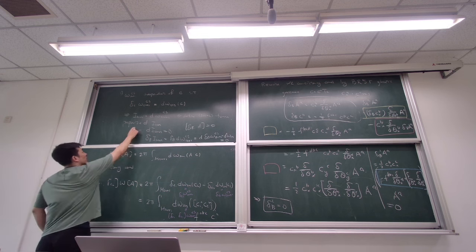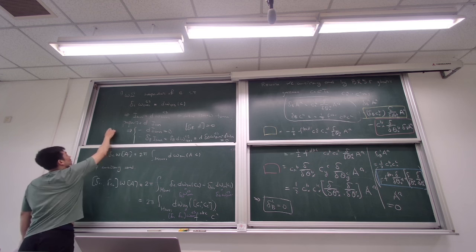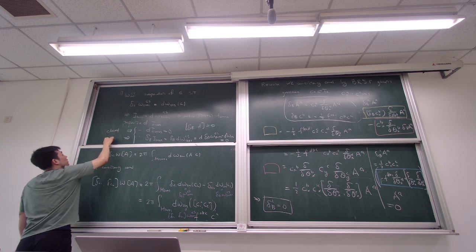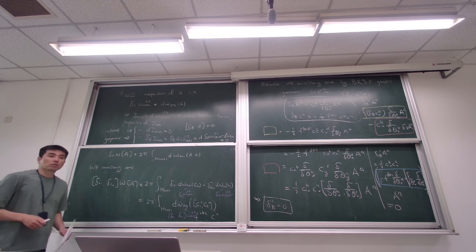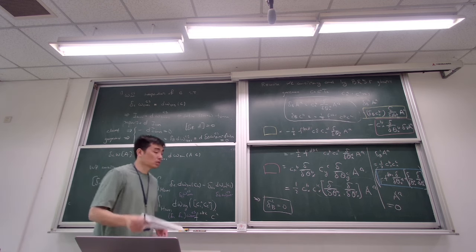So this means that this is a closed form, and this means gauge invariant. Okay, so this is the property of the (2n+2)-form.